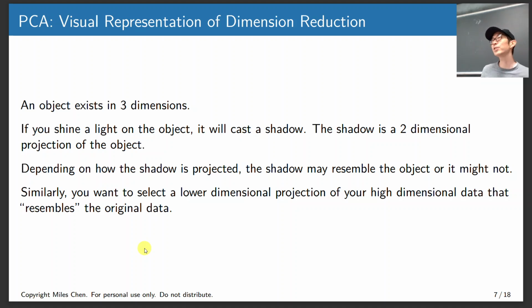Again, by definition, when you reduce the number of variables you have, you are losing some information. But the hope is you're going to lose the least important information. You're going to pick a shadow so that when you see the hand, it looks like a hand rather than something that's harder to tell what it is.